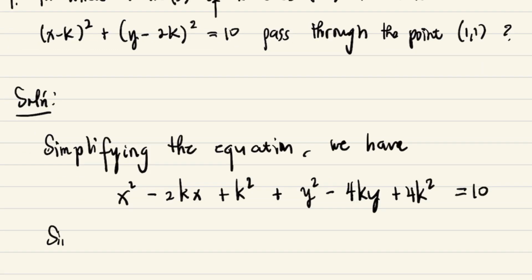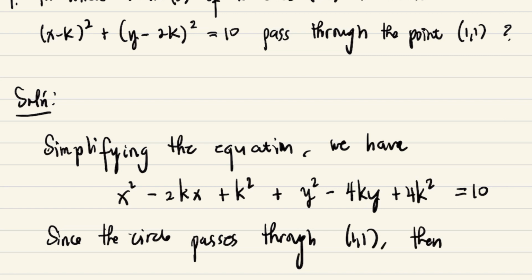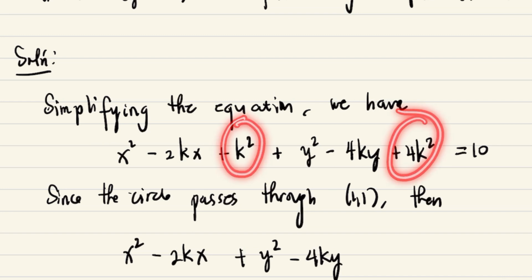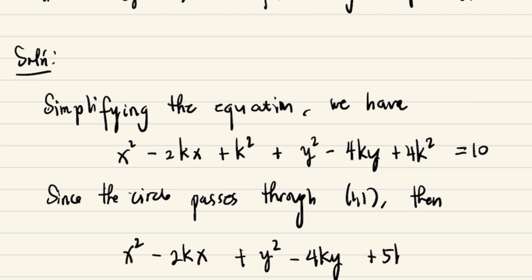Again, since the circle passes through the point (1, 1), if I simplify these and then make the substitution, it will satisfy the equation entirely. So what happened here is we have x squared, 2kx, y squared, minus 4ky, and then I combine these two, so I get plus 5k squared equals 10.